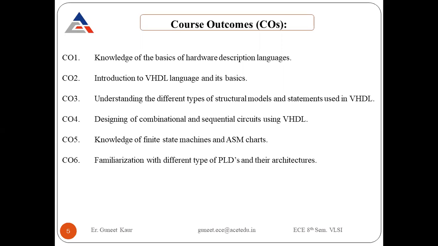Various type of programmable logic devices like FPGA, CPLD, PAL, PLA, these all will be covered in this along with their architectures. So these are the 6 course outcomes for the subject VLSI design.